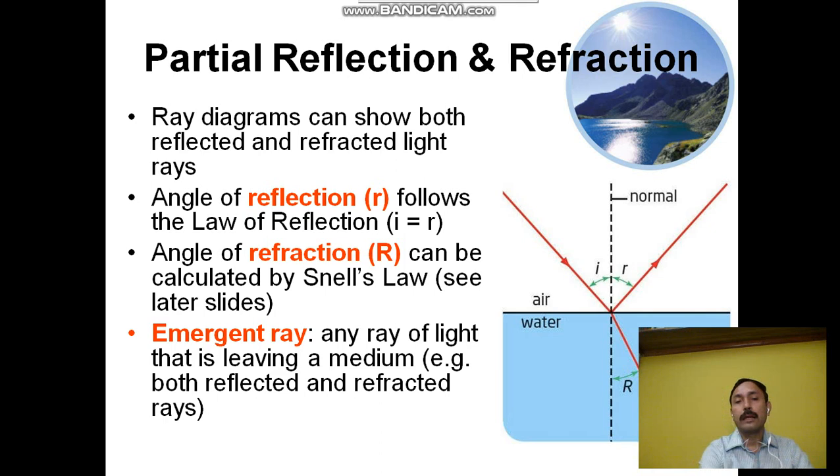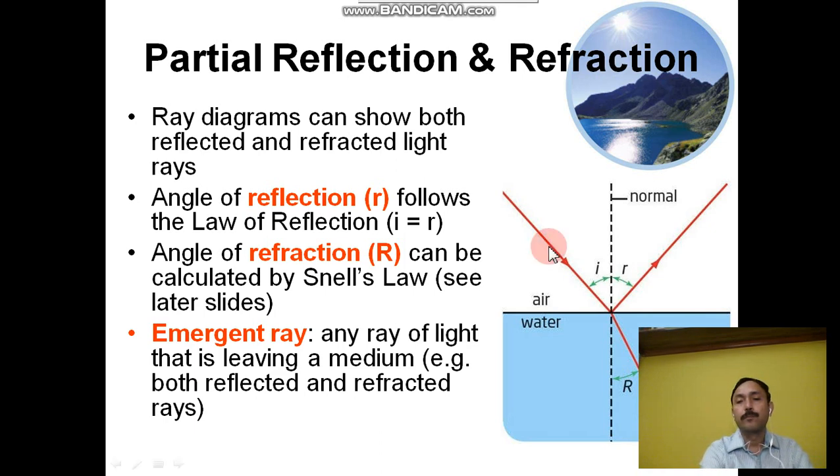Any ray of light leaving the medium, both reflected and refracted, is known as an emergent ray. From this surface, this one is the emergent ray, and from this surface, this one is the emergent ray.